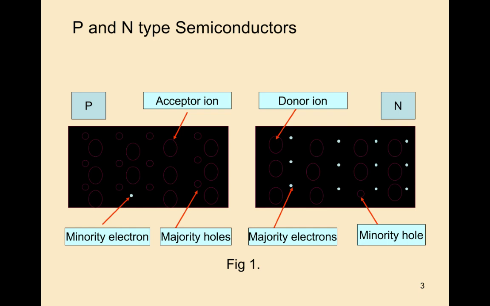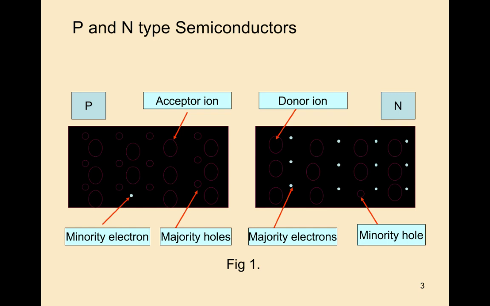After this, some potential will be generated. After some voltage, the holes and electrons do not diffuse from the p to the n side and from the n to the p side. So after this voltage, there is no movement of holes and electrons in the p-type and n-type semiconductors. So the depletion region will be generated.